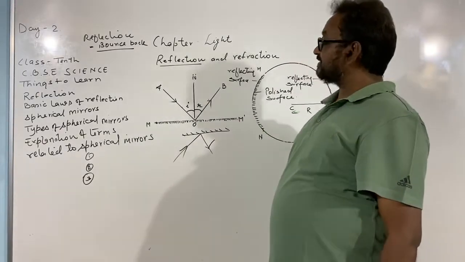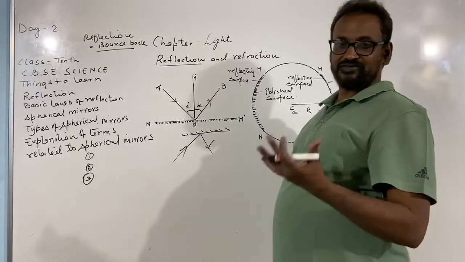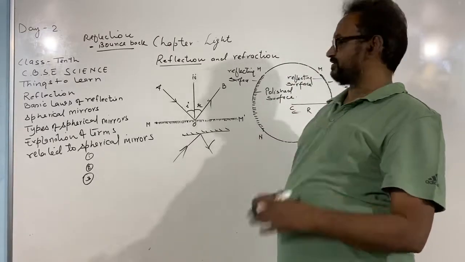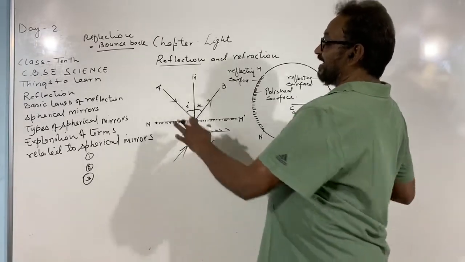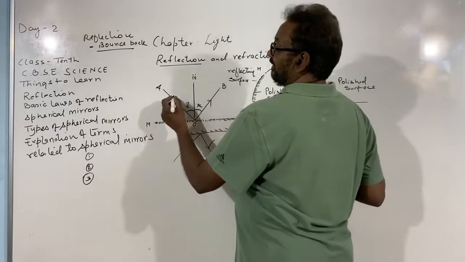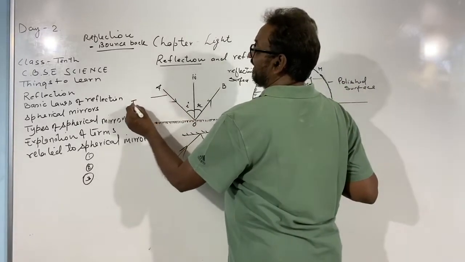Now the question arises: what is the incident ray, what is the reflected ray, what is the normal? So let us clear it. The ray of light which strikes the mirror is called the incident ray.